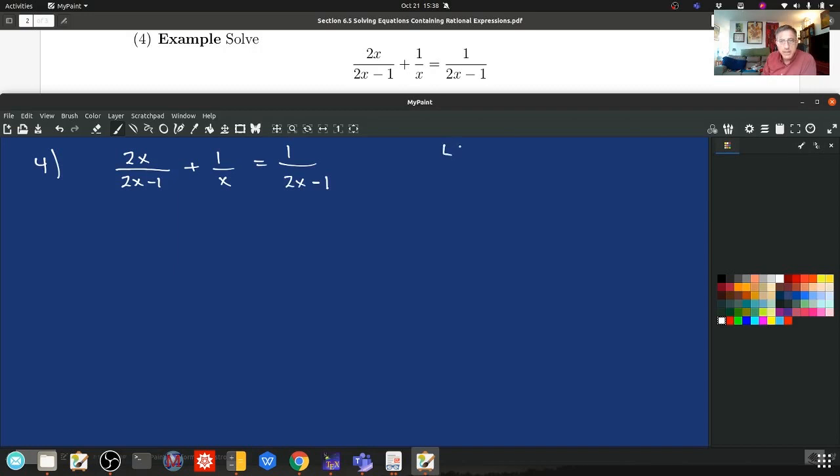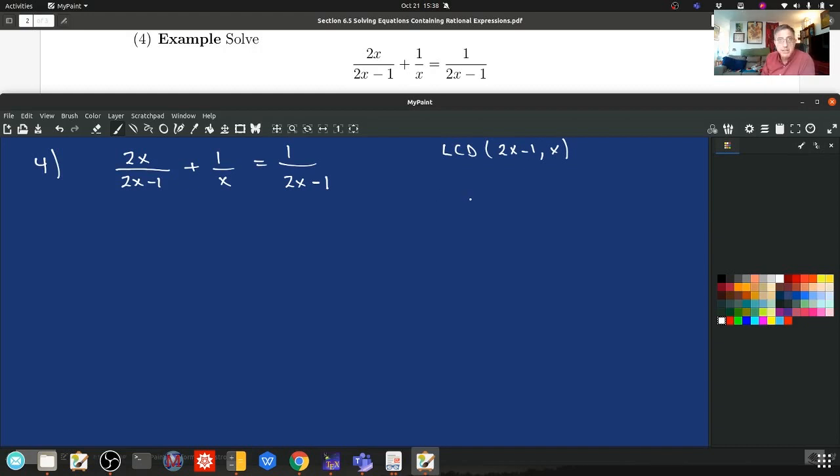So we need to find the LCD of 2x minus 1 and x. Now 2x minus 1 is prime. It can't be factored. x is a variable. It's also considered prime. It can't be factored.